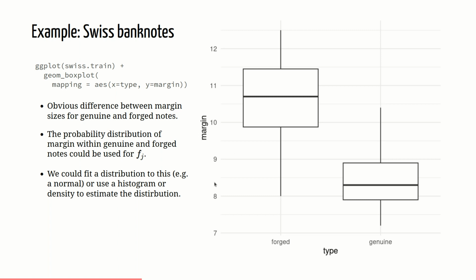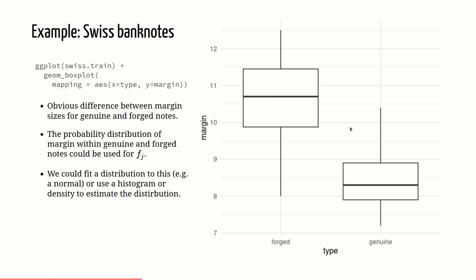Okay. So there's a couple of ways we can do this. We could assign a distribution to this thing, or we could use information about the shape of the data, a histogram for example, in order to determine the distributions F1 and F2, right?